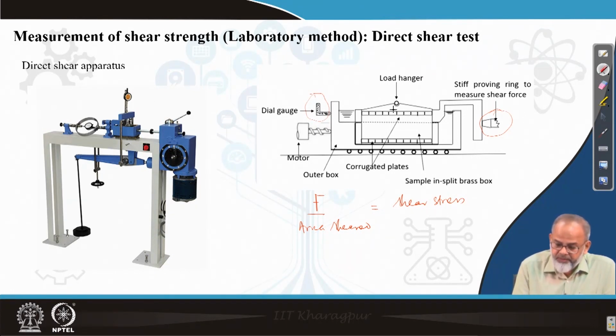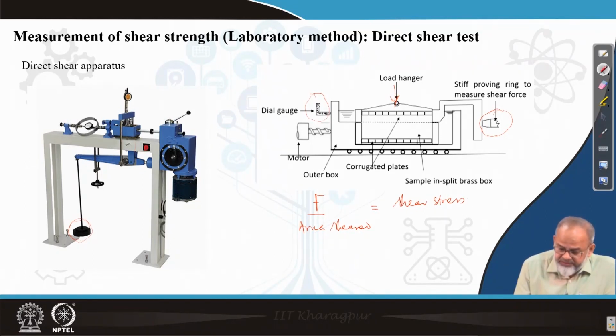This has to be conducted at several normal weights. That means you have to have some arrangement, like here we have indicated a loading yoke. When you put weight on the left hand side, with the help of leverage, it is going to apply a load on the top of this shear box with the help of a roller or a ball, so that the load is more or less uniformly distributed over the entire surface.